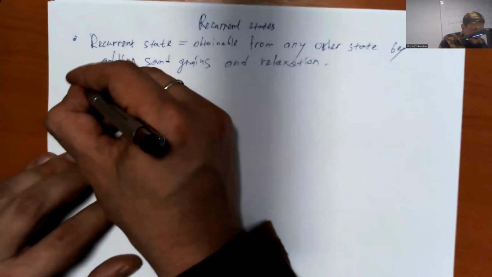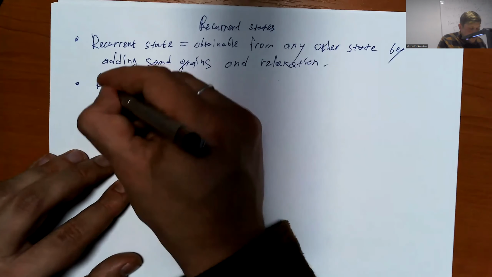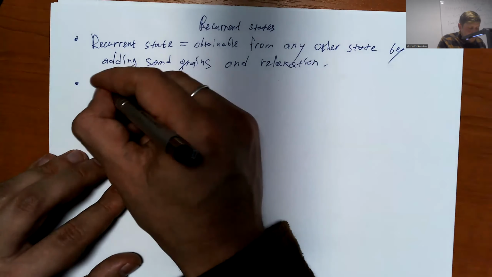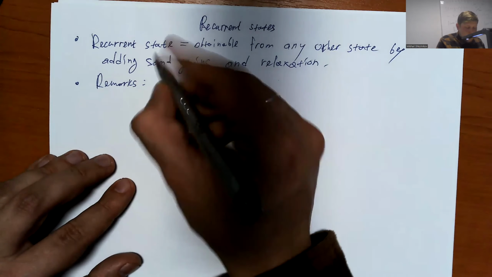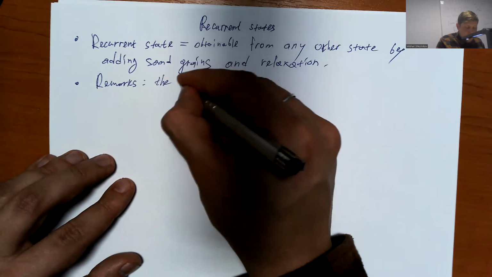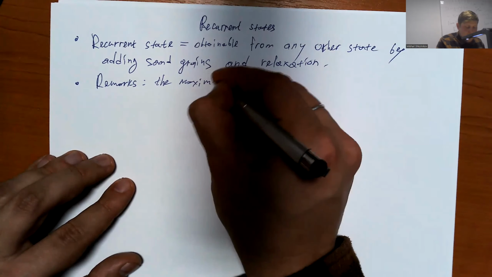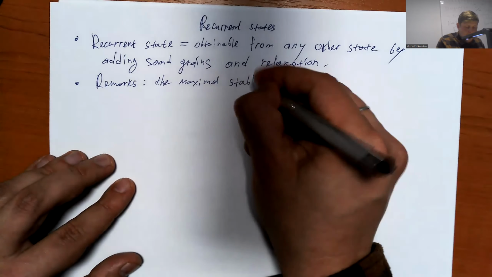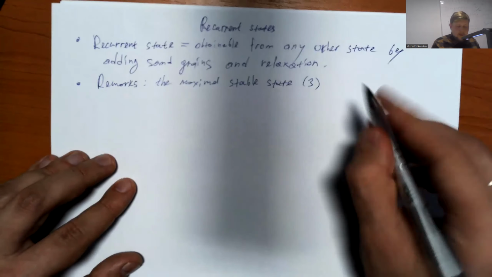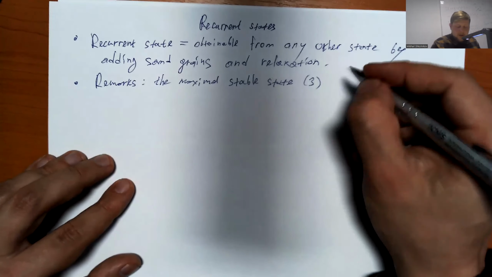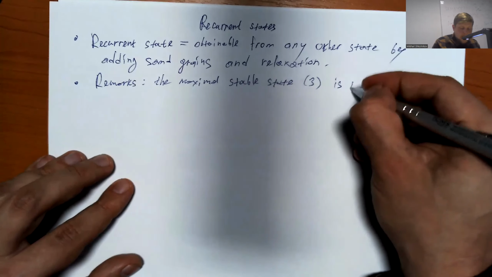So a couple of remarks. First remark is that all three, so the maximal stable state, which you can denote like this, all 3, so it takes only threes as values, is recurrent.